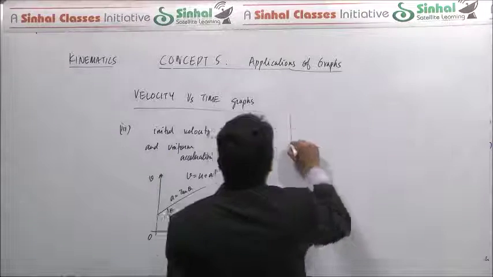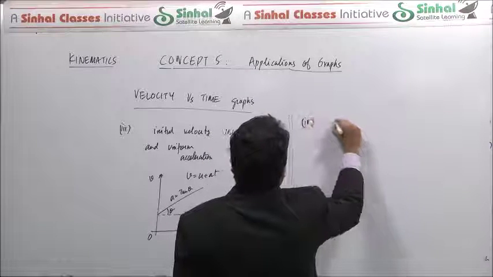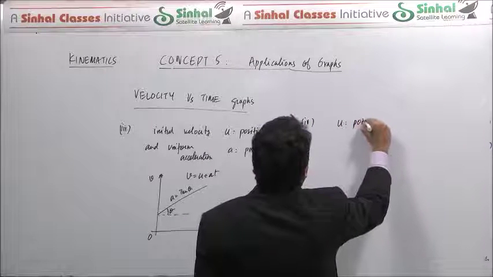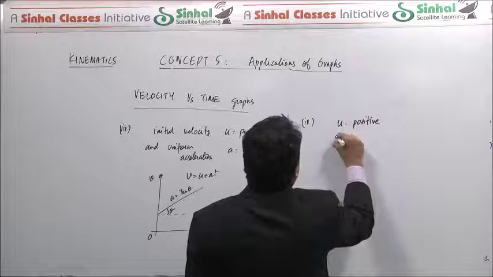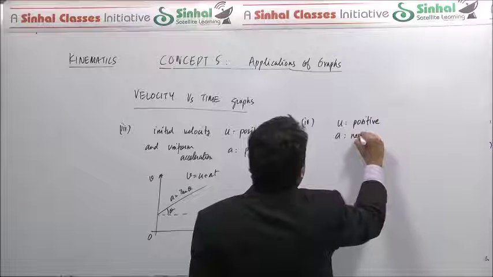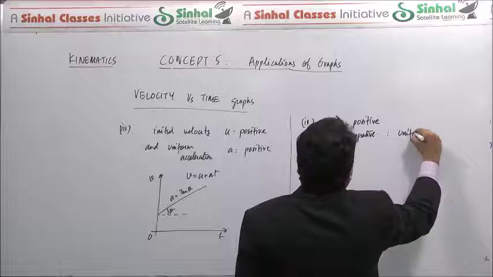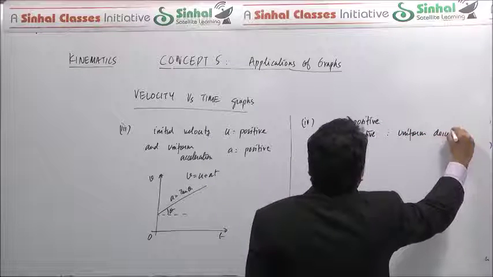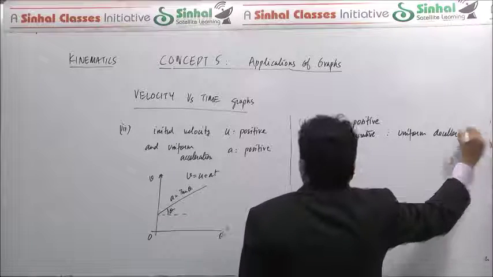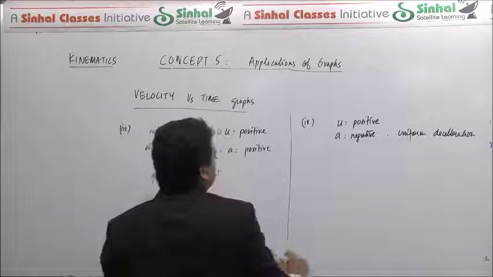Whereas if you look at something with initial velocity positive but acceleration negative, we had a uniform deceleration. So here the equation was V is equal to U plus AT.